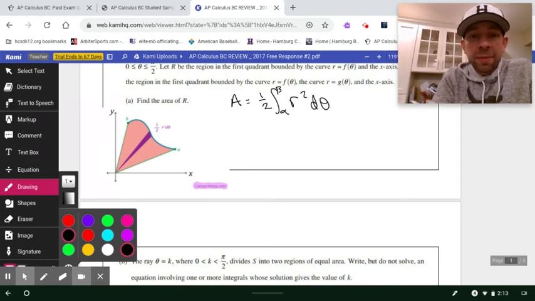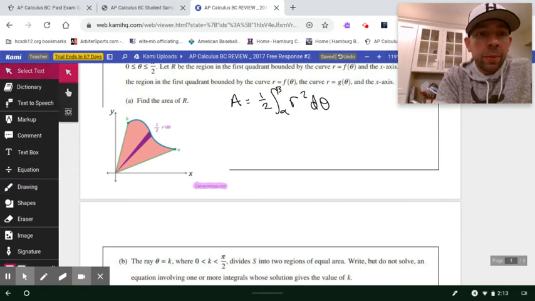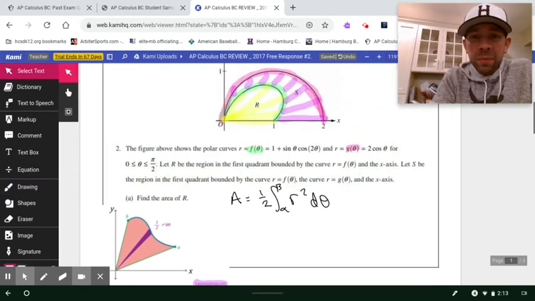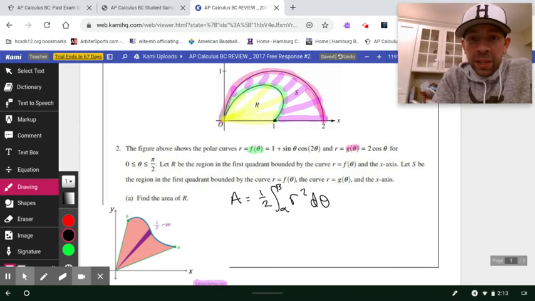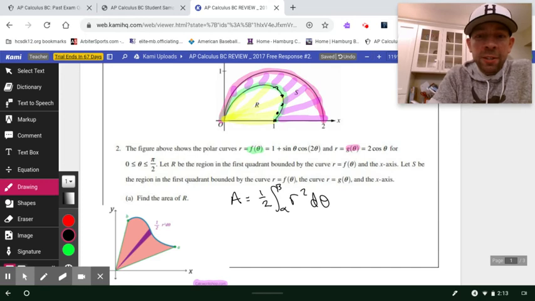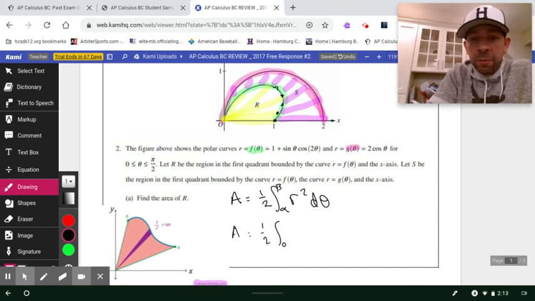So in this case, when I think of region R, these yellow wiper blades, the tips of those blades are bounded by function f. So that's the function I'm going to integrate. So we're going to go 1/2 the integral from 0 to pi over 2 of f of theta, boy, that still looks like a 0, I'm trying to say theta here, squared.